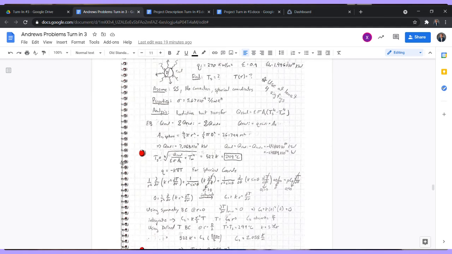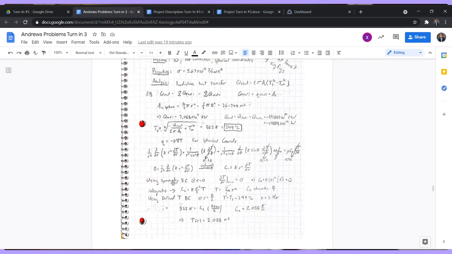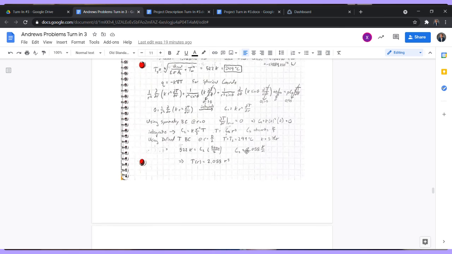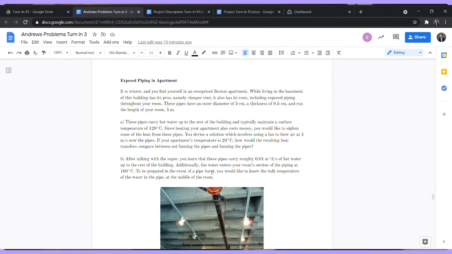From here, the surface temperature could be found. And then using cylindrical coordinates, the conduction equation was simplified and then integrated twice using a symmetry boundary condition and an initial condition to find our function of temperature.